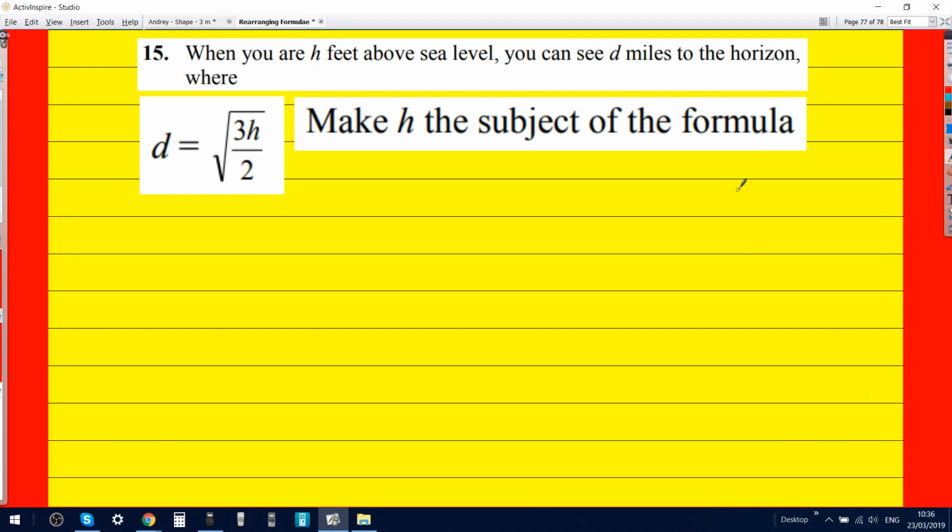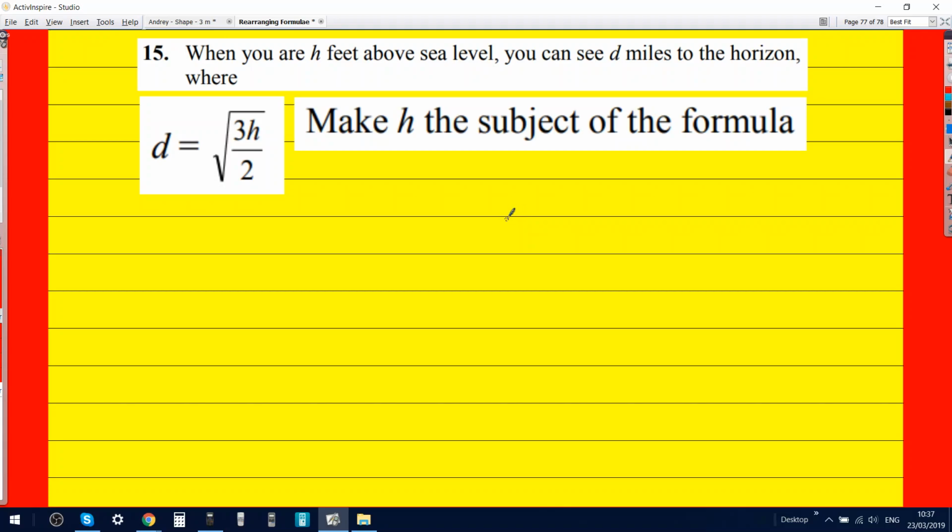Okay, how about this one? Make d the subject. I'm not sure, because what is the opposite of square root? Indices.